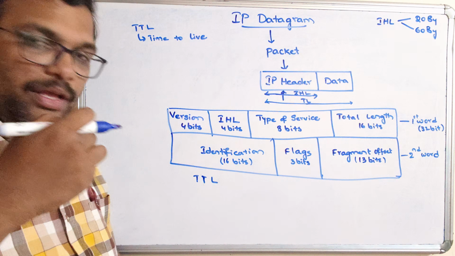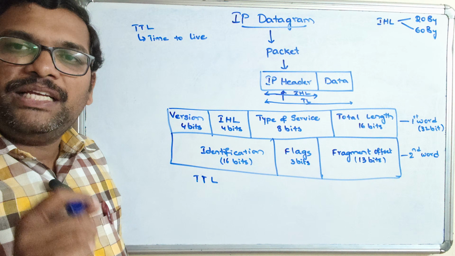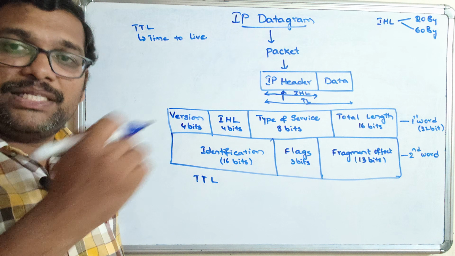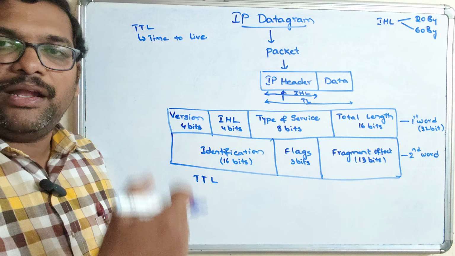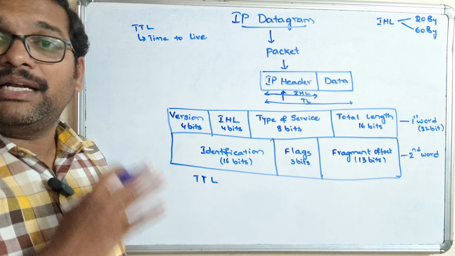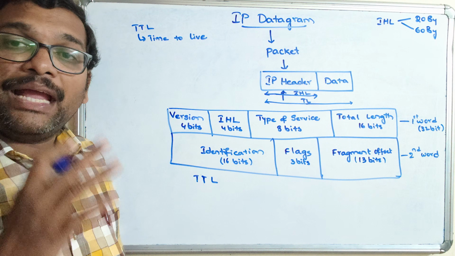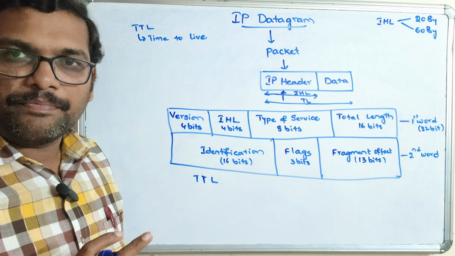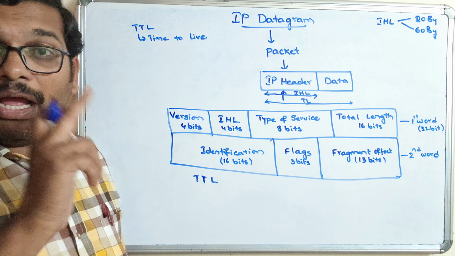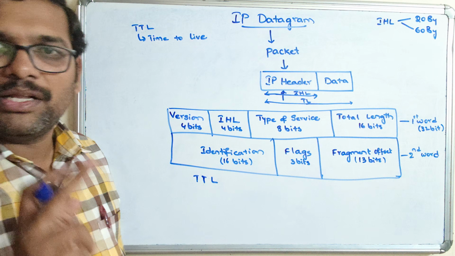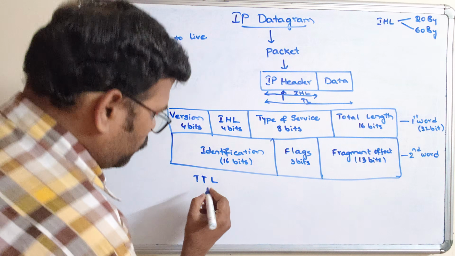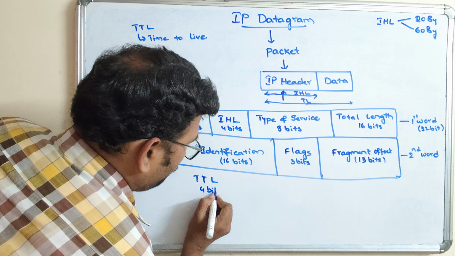Initially the time to live will be set with some number, and once the packet visits any other router, immediately the value of TTL will be reduced by 1. Whenever the TTL becomes 0, the packet will not be forwarded. It will stop transmitting the packet in the network. So in order to avoid looping, this time to live will be used. This is 8 bits.